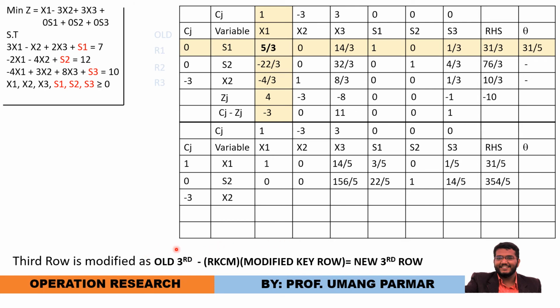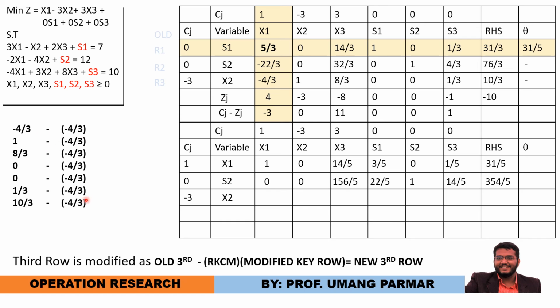First I am mentioning the old third row members: minus 4/3, 1, 8/3, 0, 0, 1/3 and 10/3. Then we have a minus sign, then the respective key column member. In the third row, the key column member is minus 4/3.